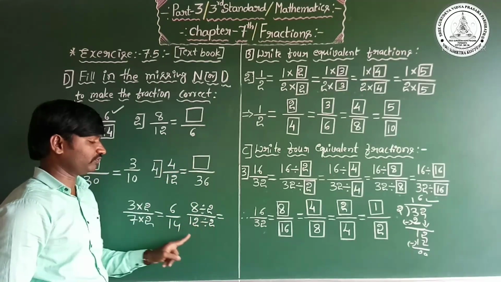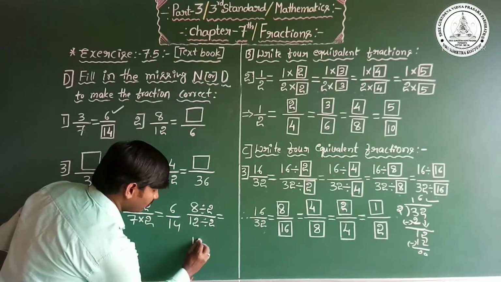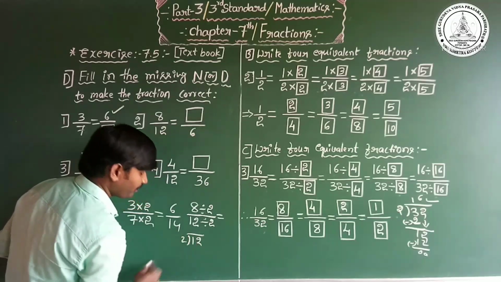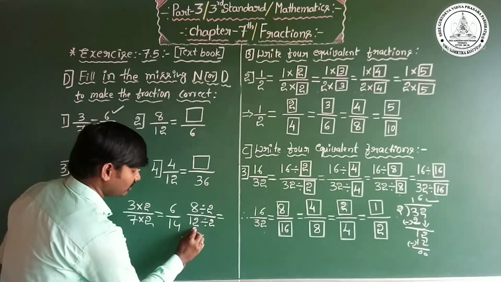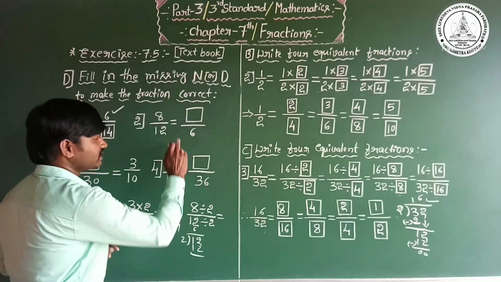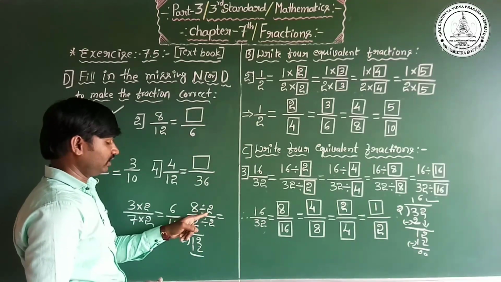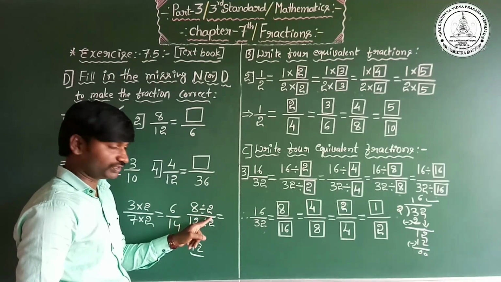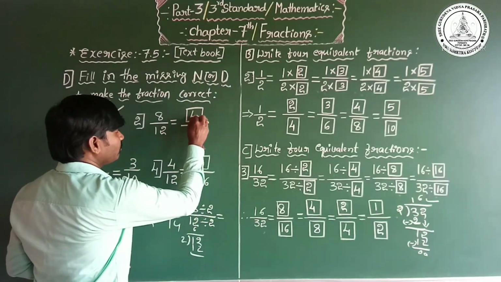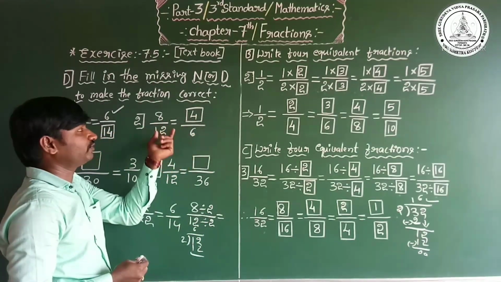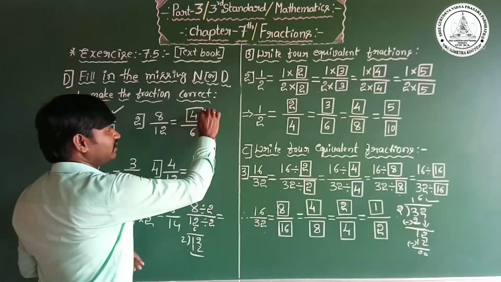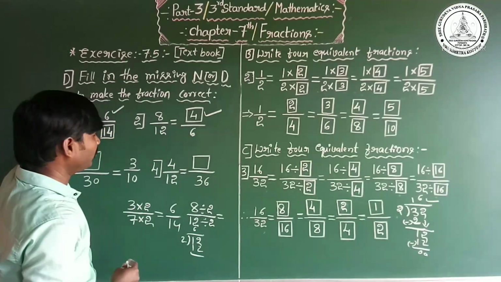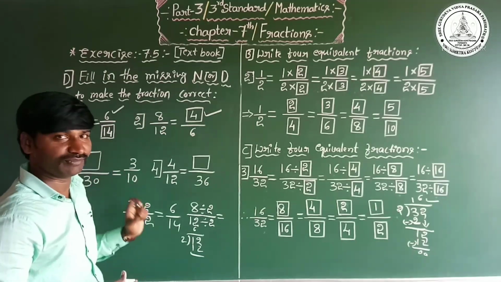So 12 divided by 2. 2 6s are 12. You know, dear student. Yes, 6 is already ready. So similarly 8 divided by 2. You get the answer 4. 2 how much is 8? 2 4s are 8. That's clear. Okay, dear student. Here using the multiplication method, here using the division method.